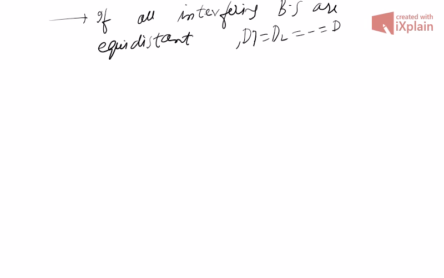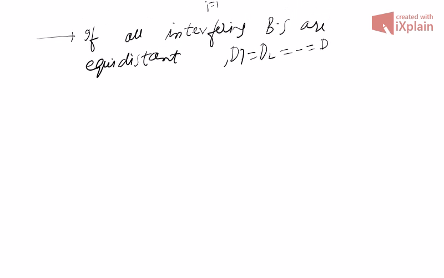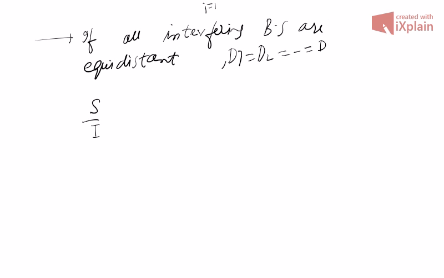Now if we take the distance to be the same, what will it become? So S over I will become R to the power minus n divided by I naught times D to the power minus n, since you are summing it up I naught times. Sorry, it's actually minus n.